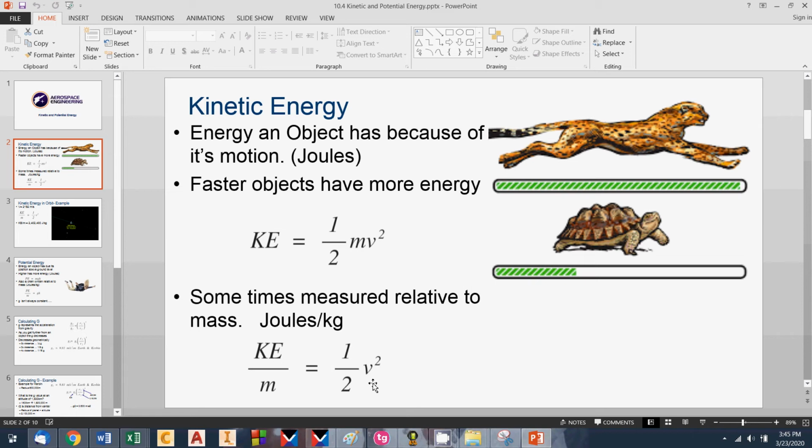Or if it had 10 kilograms of mass and it was going 4 meters a second, we would say that it has 80 joules of energy. But we base this relative to the mass, like you see here. So we just say that it has a certain number of joules for every kilogram of its mass. So then we can calculate it knowing only the velocity, which is easier to find orbitally.